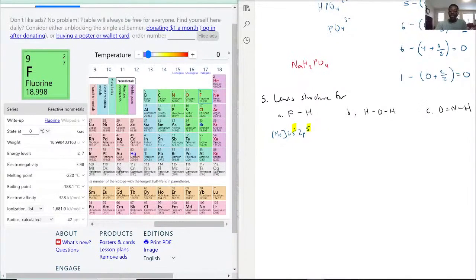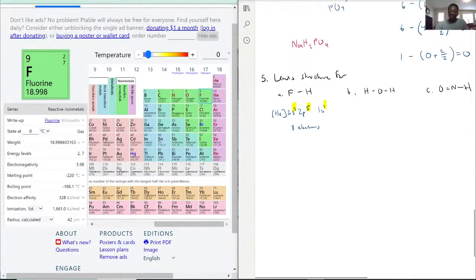Hydrogen, on the other hand, is just 1s1 because it's the first element, and also it's on the first column, so it has 1 valence electron. So in total, we want this Lewis structure to have 8 electrons. To draw that, it doesn't really matter which one you start with, there's only 2.